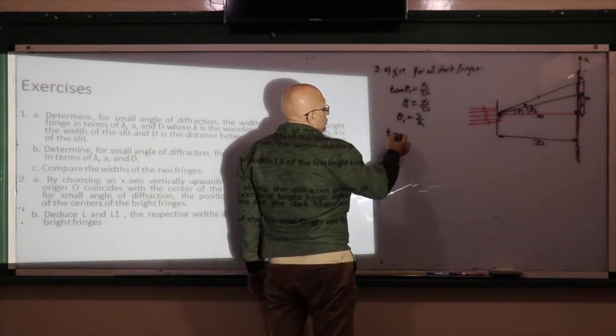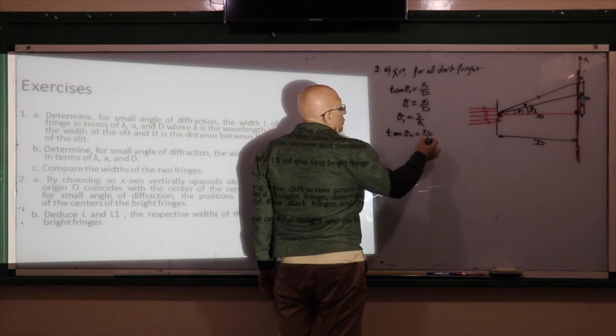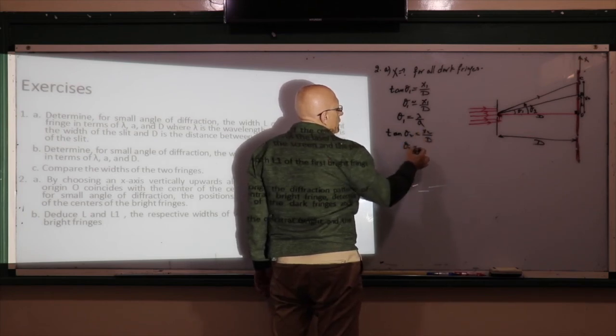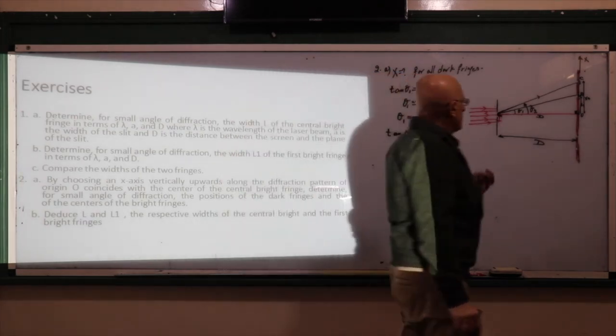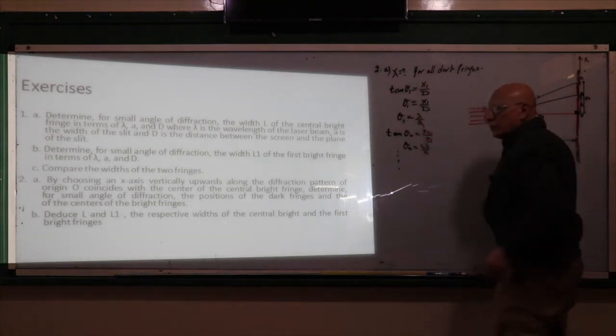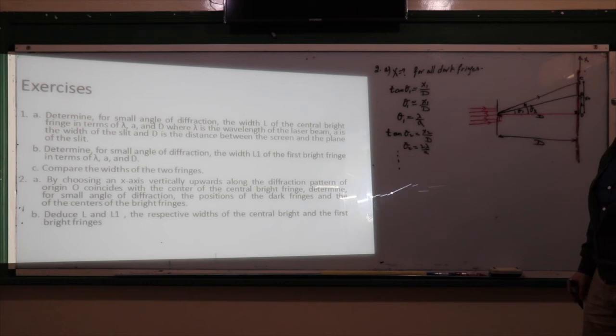Okay? So I can write tangent theta 2 = x2 over D, with theta 2 equal to 2 lambda over a, and so on for all the dark fringes. But I am not going to do this. I can find directly the abscissa in general for any point, whether A, C, D, for any dark fringe.